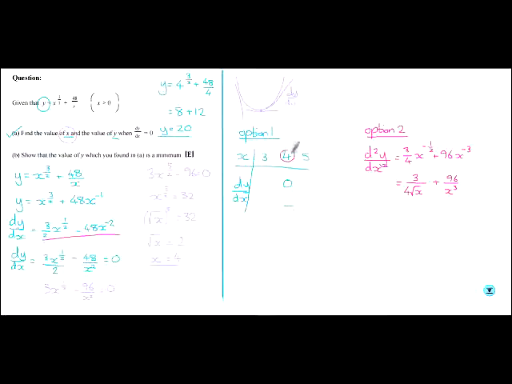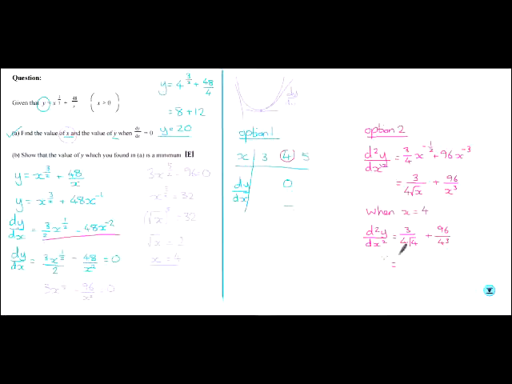Okay, so this is the one we're interested in when x is 4. So when x is 4, what does this equal? d2y by dx squared is equal to 3 over 4 root 4 plus 96 over 4 cubed.